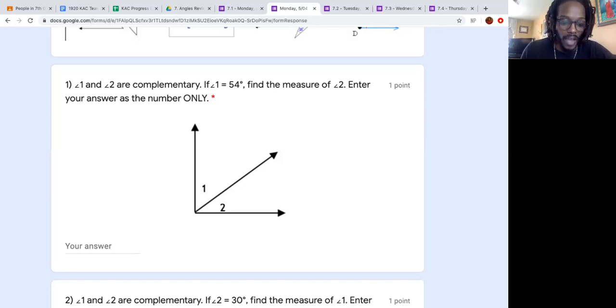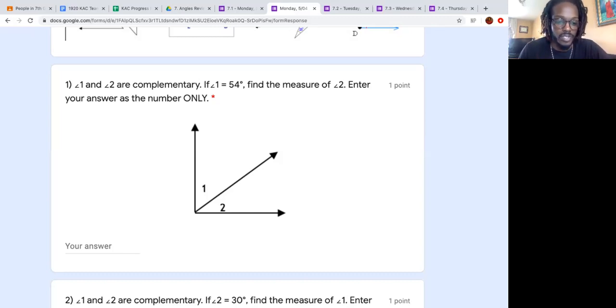If I know that complementary angles are supposed to total 90 degrees, I can just subtract 54 from that, and it'll tell me that angle 2 has to be 36 degrees because this has to equal 90 degrees exactly.